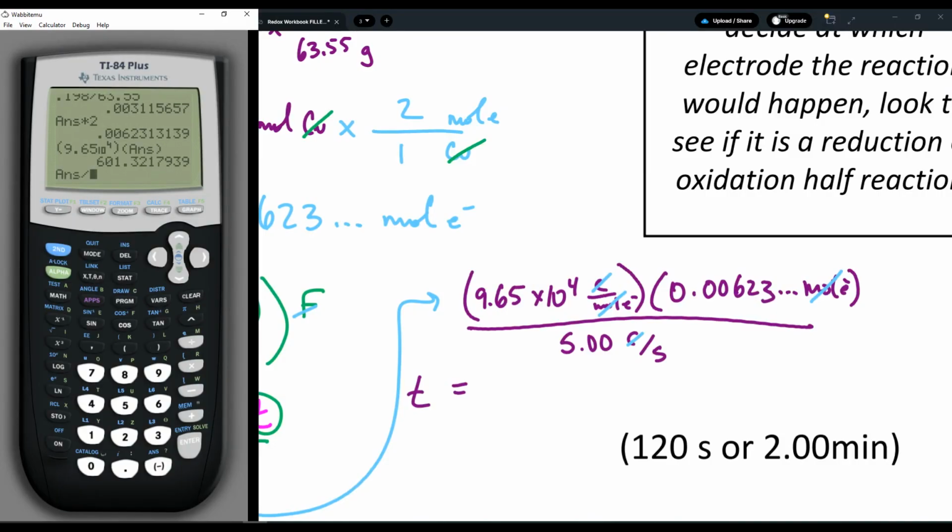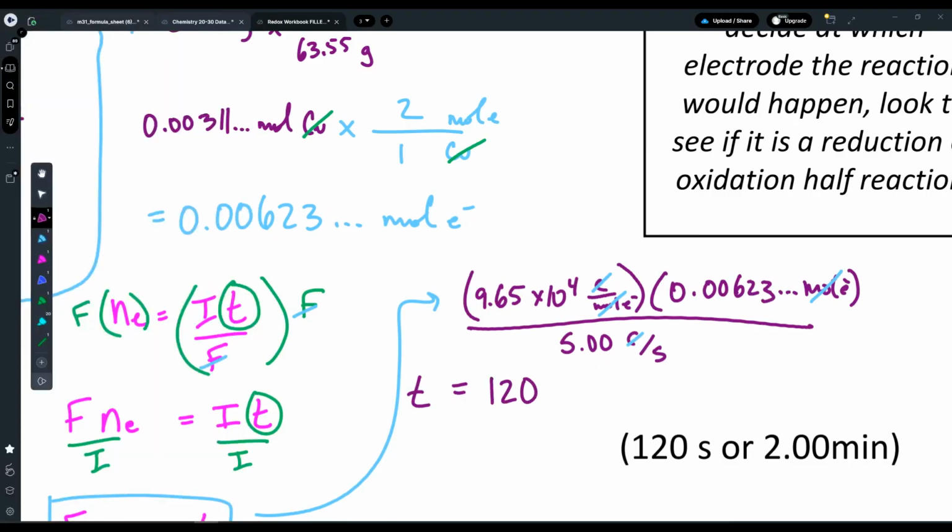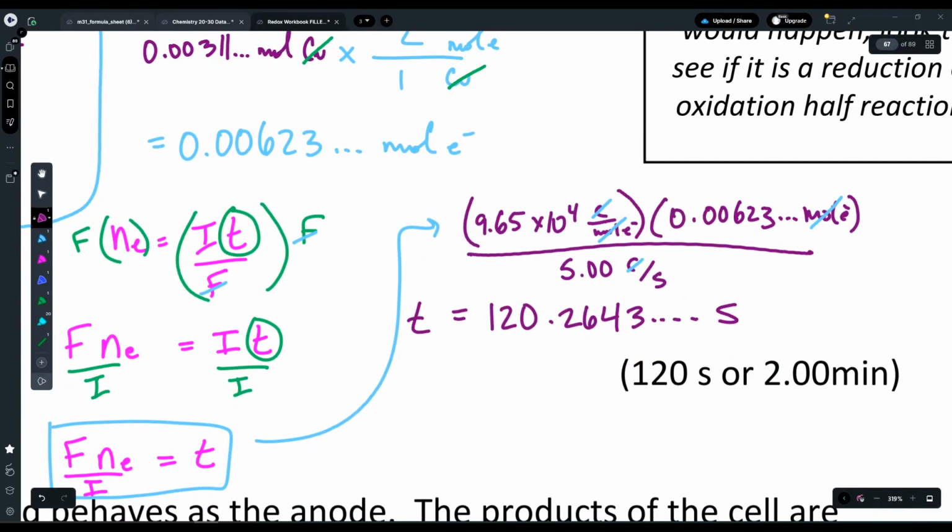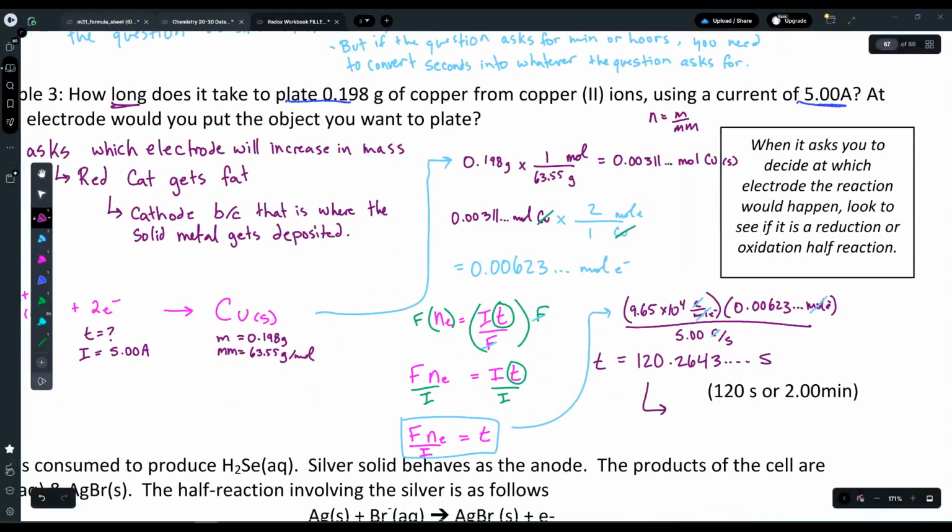Hit enter and then divide by 5. So there's 120.264, goes on forever. So this is in seconds right now. So the answer says 120 seconds or 2 minutes. Either is fair.